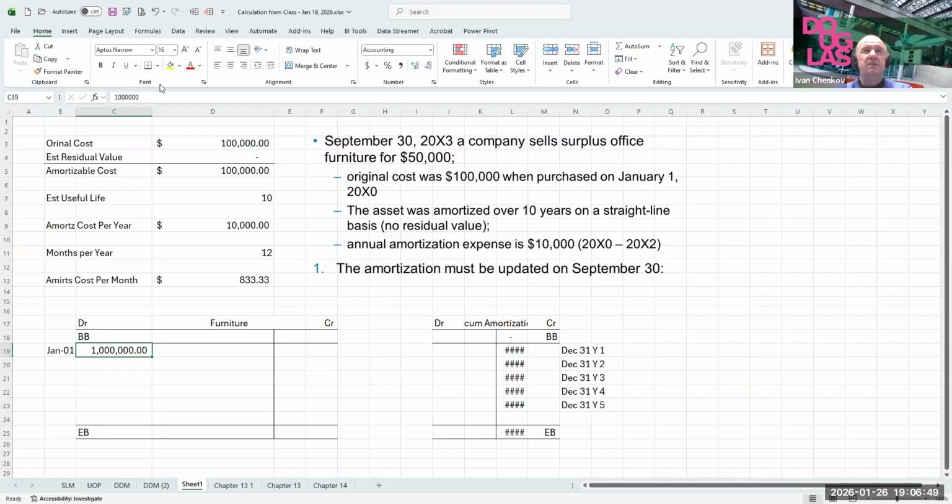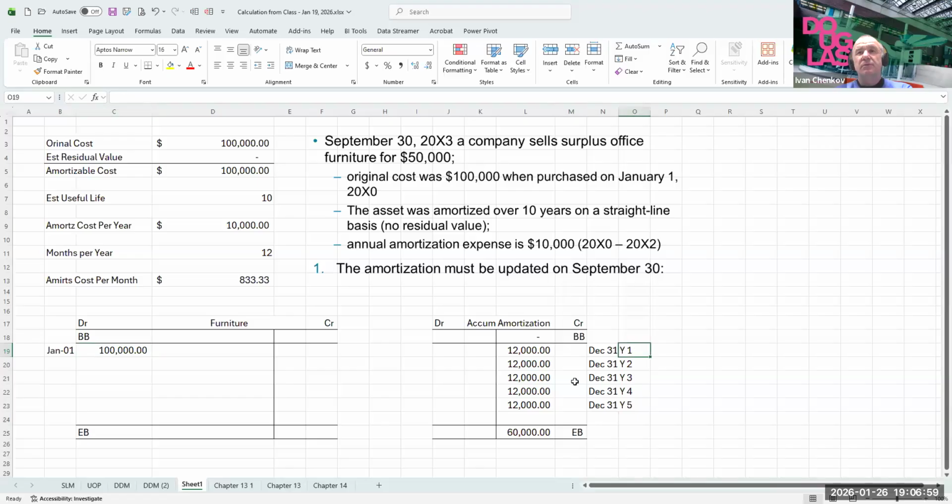Amortization: year one, year two only, nothing else.